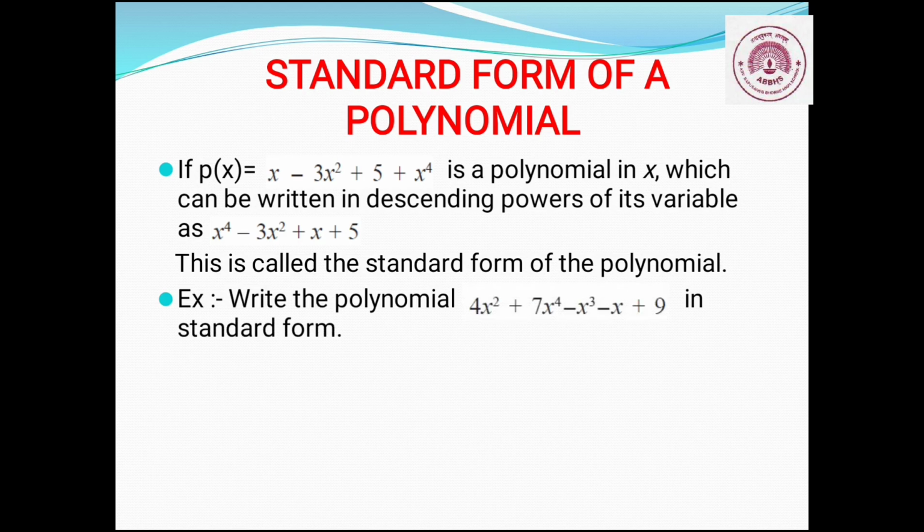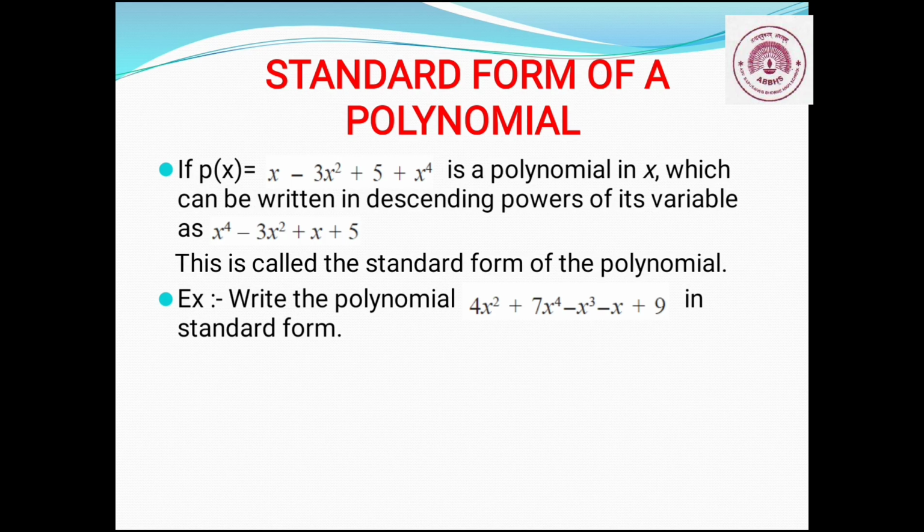Write the polynomial 4x square plus 7x raised to power 4 minus x cube minus x plus 9 in standard form. The descending order of powers of variable x are 7x raised to power 4 minus x cube plus 4x square minus x plus 9.